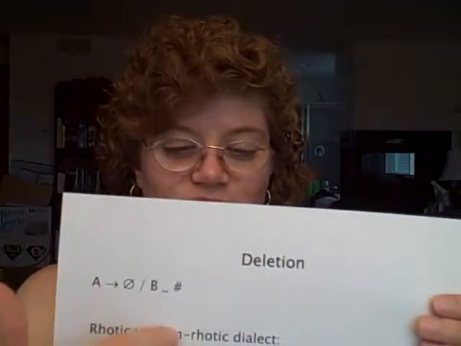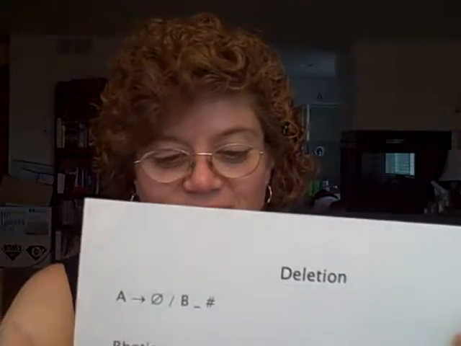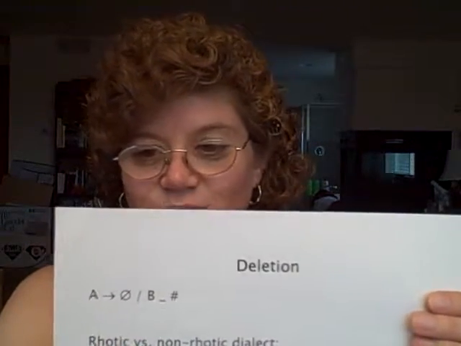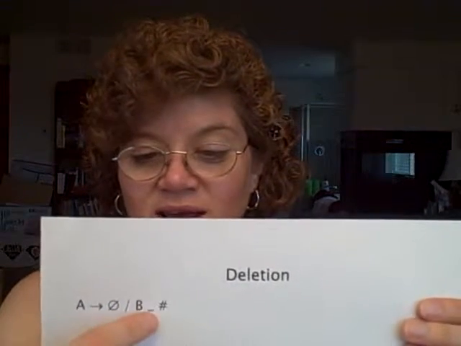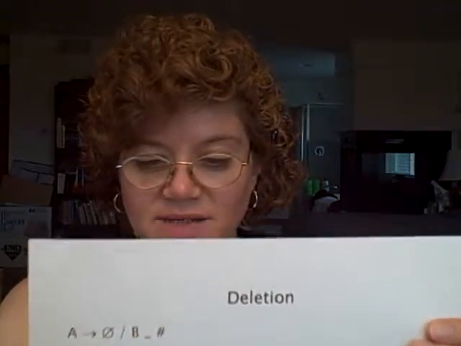Deletion. There are times that sounds are deleted, and a good one is rhotic versus non-rhotic dialect. We do not have a non-rhotic dialect, but when you hear it, you'll recognize where it's from. A becomes nothing when B is between, or it has nothing behind it.